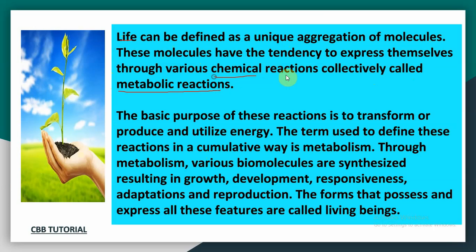The chemical reactions going on in our body are called metabolic reactions. Not only one chemical reaction, but various chemical reactions collectively are called metabolic reactions. In this plant, very many chemical reactions are going on, that is called metabolic reactions. This is the definition of life.